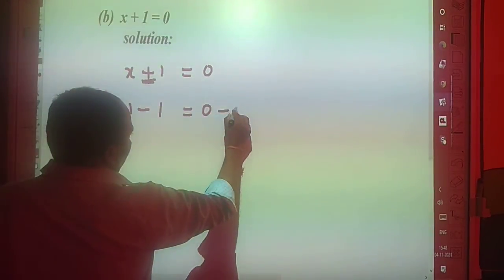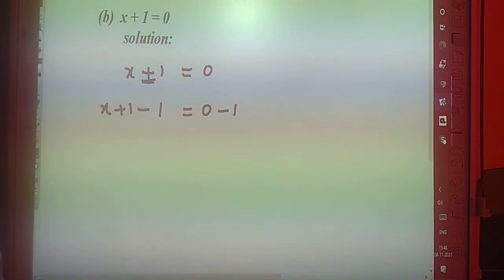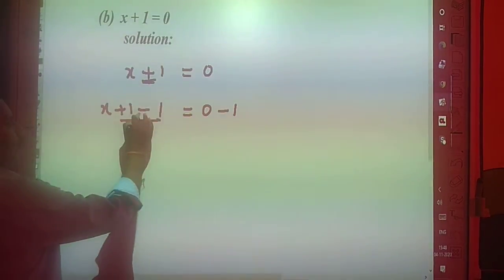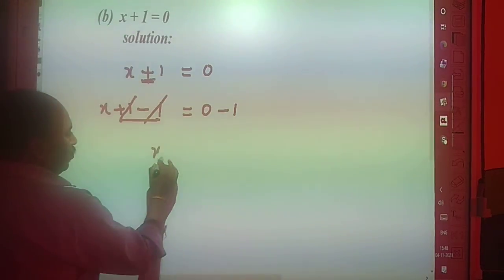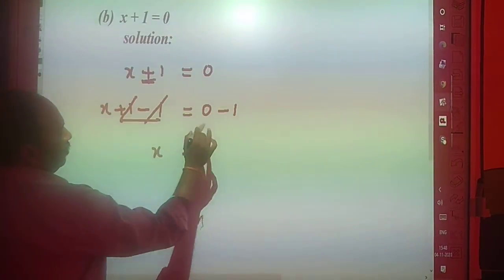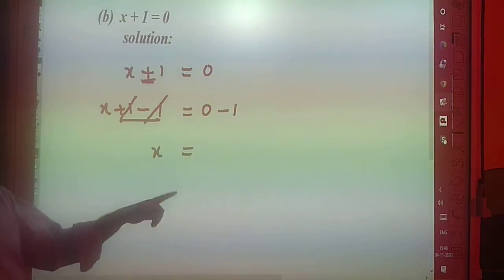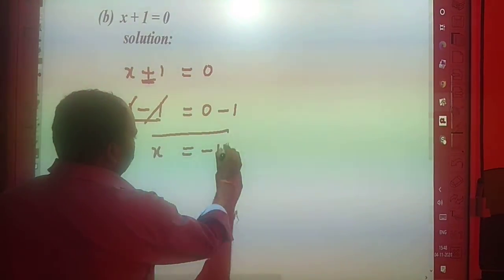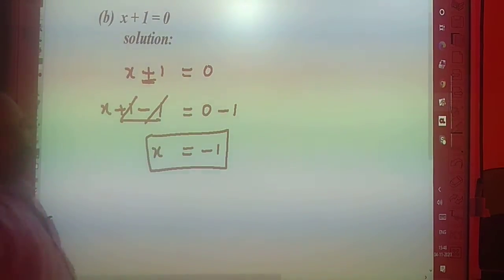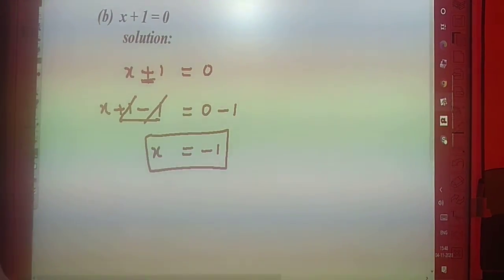Right hand side also minus 1. Listen here. Plus 1 minus 1 cancelled. Remaining x only. So x is equal to 0 minus 1. 0 minus 1 is equal to minus 1. So our answer is x is equal to minus 1.